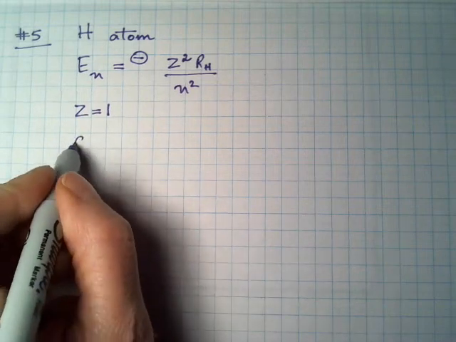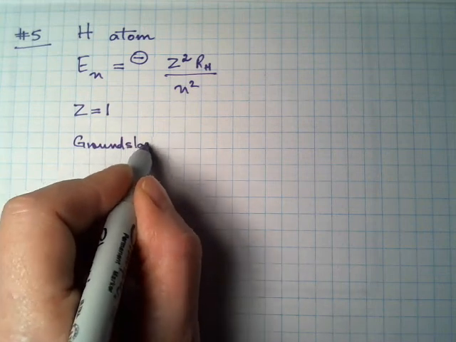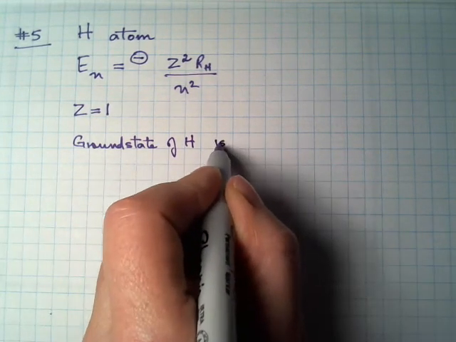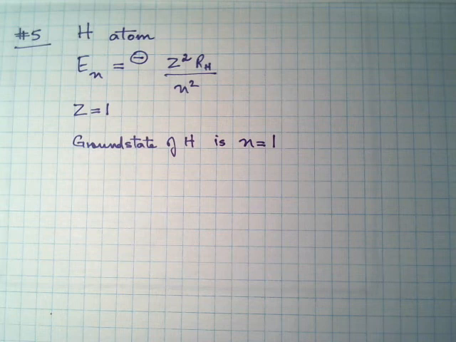And the ground state, which would be the lowest level, is, you guessed it, n equals 1. So actually, again, I don't need the calculator here, do I? And I don't think I did this on purpose, but anyway, as it turns out, I have the same answer for 2 questions here in line.